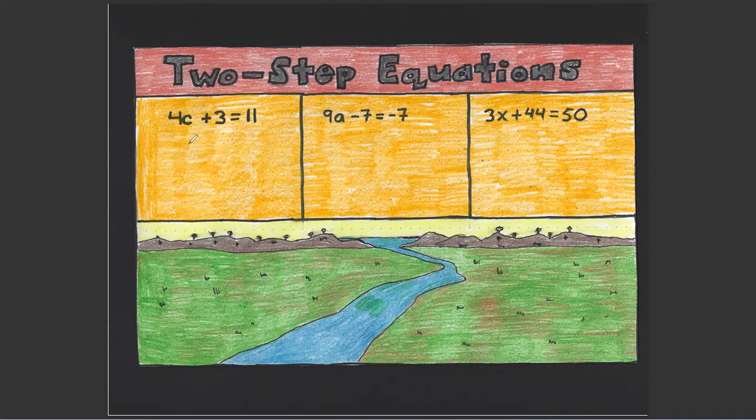Since we're going to get our variable c on one side of the equation and our numbers on the other side, and we have a plus 3, we're going to have to subtract 3 from both sides to make that happen. And so now we have a 3 take away 3, and an 11 take away 3.